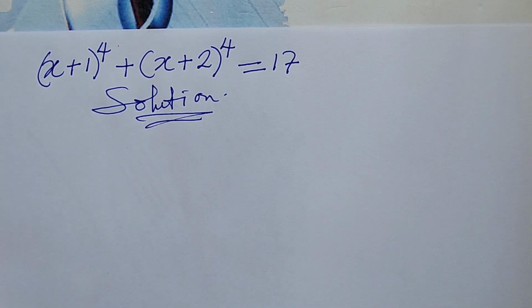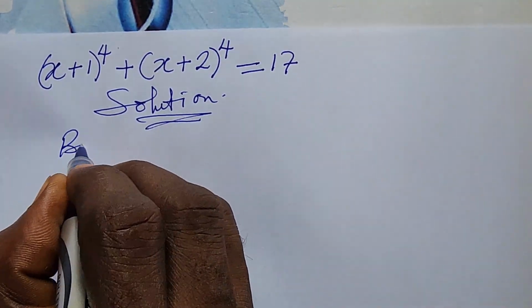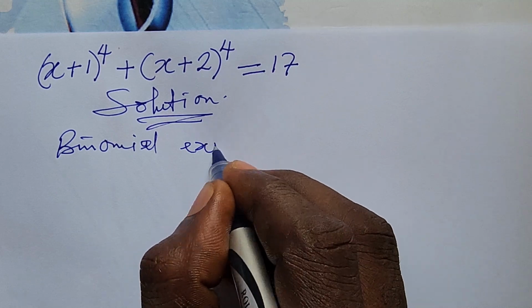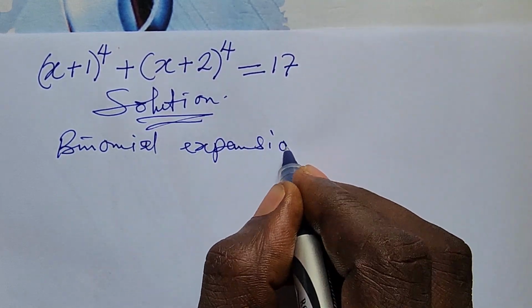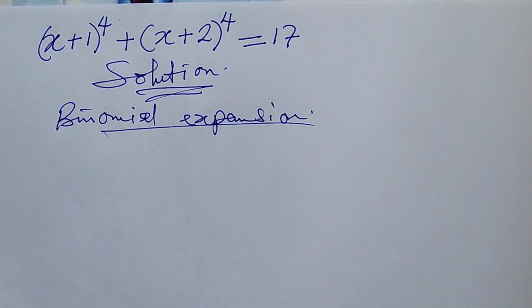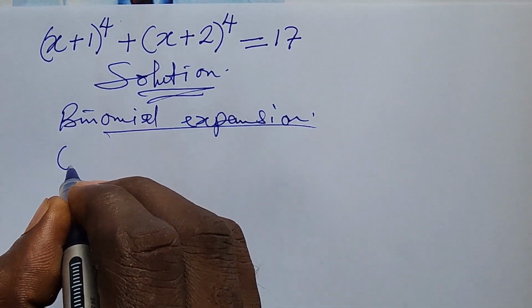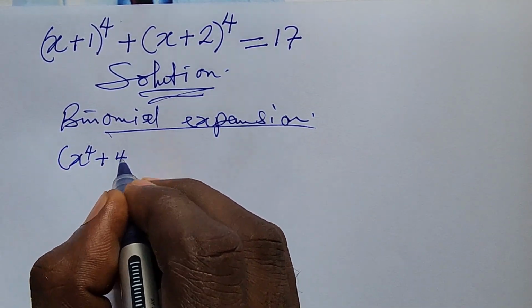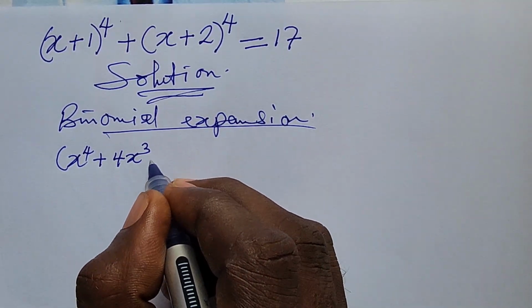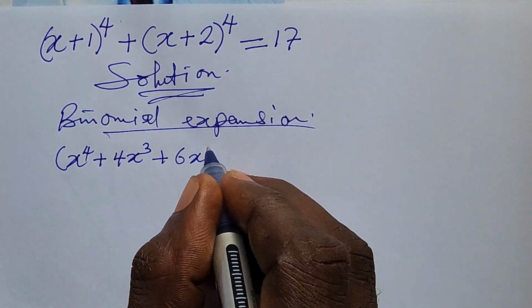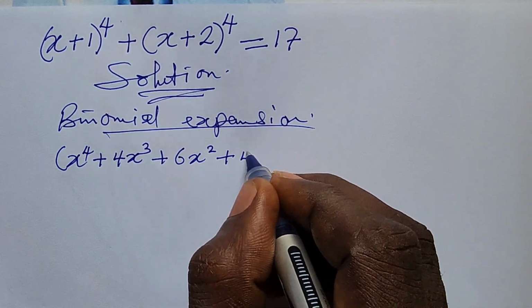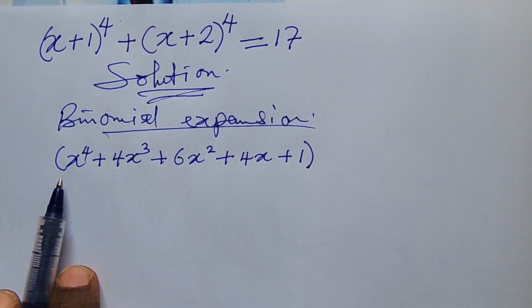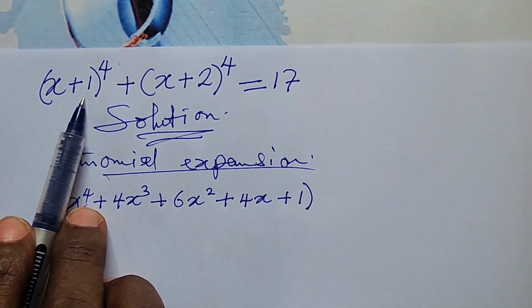So using binomial expansion, the first expression gives us here (x^4 + 4x^3 + 6x^2 + 4x + 1). So the whole of this is for this.